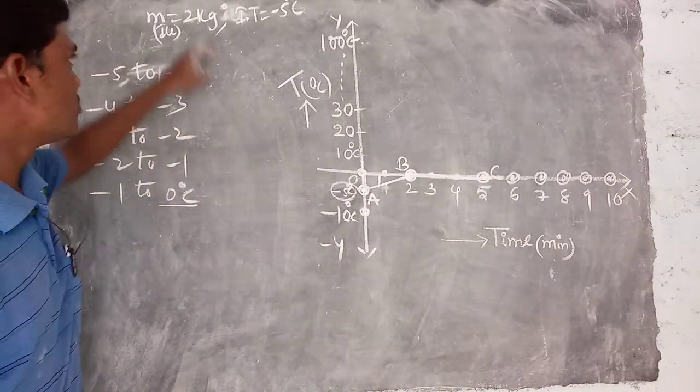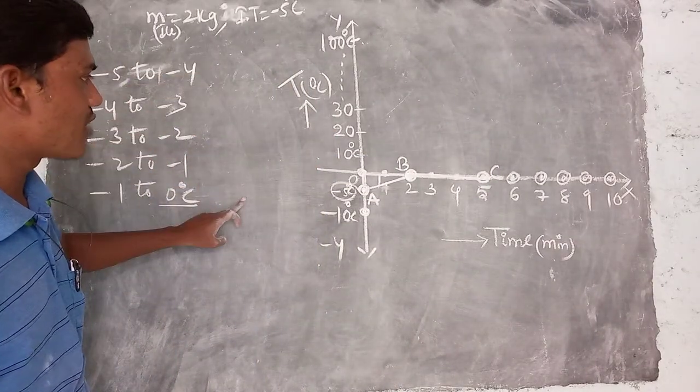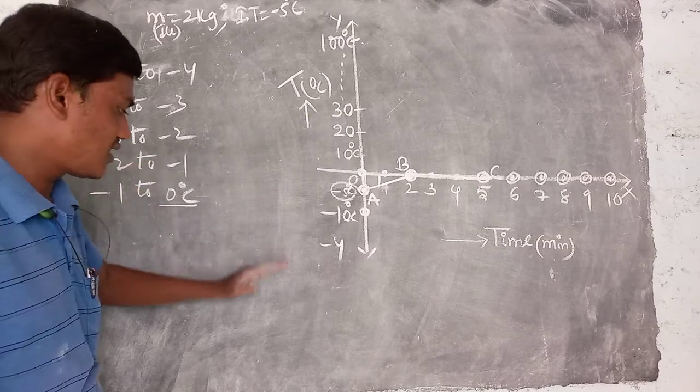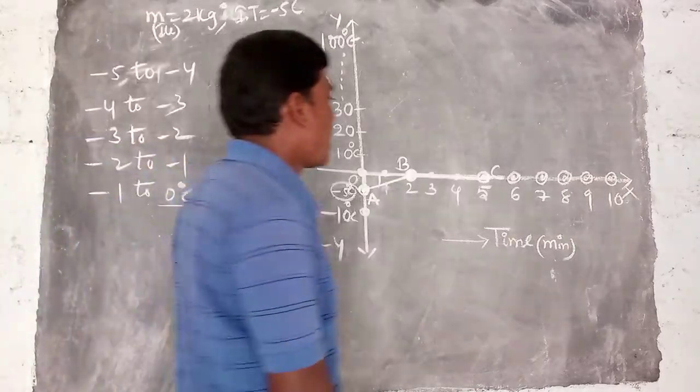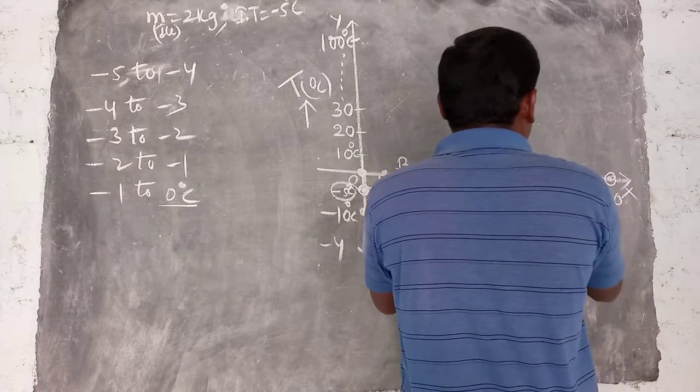We know that, so from 0 to 10, 20, 30, 40, 50, up to which temperature? 100 degrees Celsius.